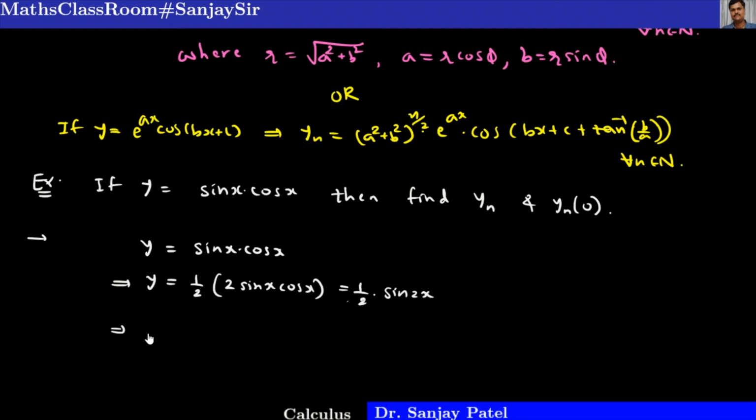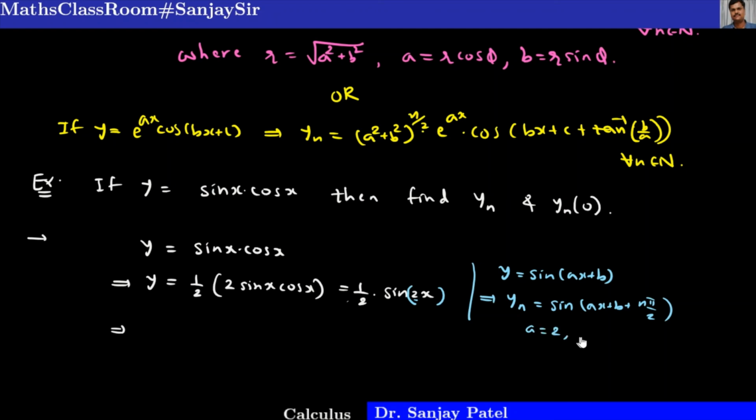Now for the nth derivative, we have the formula: if y is equal to sin(ax plus b), then yn is sin(ax plus b plus n pi by 2). Here in our case only sin 2x is there, so a equals 2 and b is not there, so b equals 0.